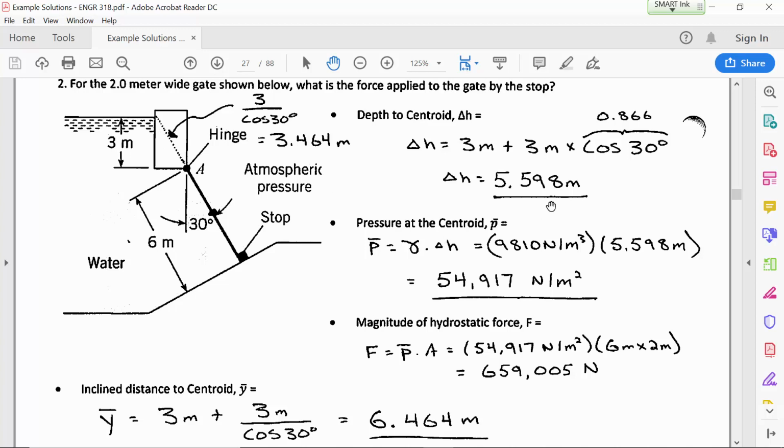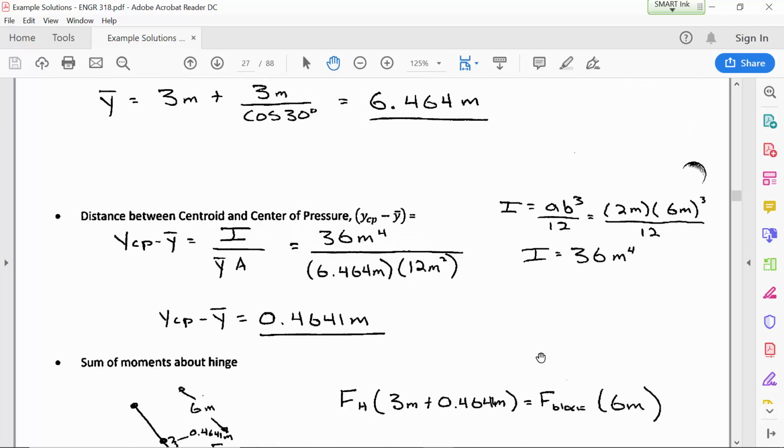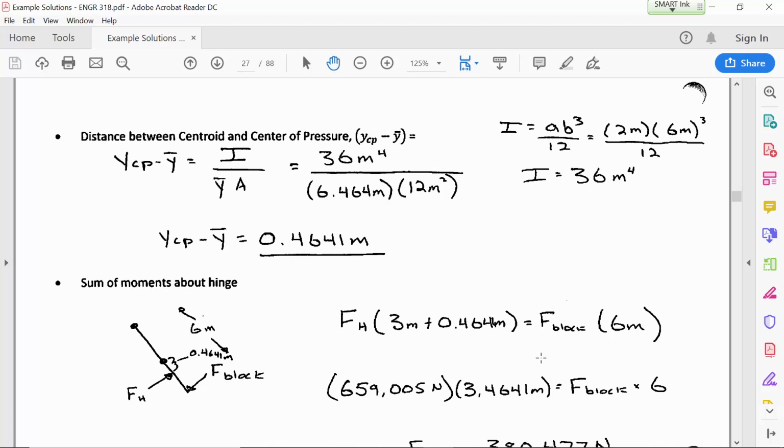But once you have the delta H, calculate the pressure at the centroid, magnitude of the force, and really what we're all headed towards is the moment balance, doing the sum of the moments about the hinge. And so I asked you not to calculate the YCP, but to find the distance between the YCP and the Y bar.